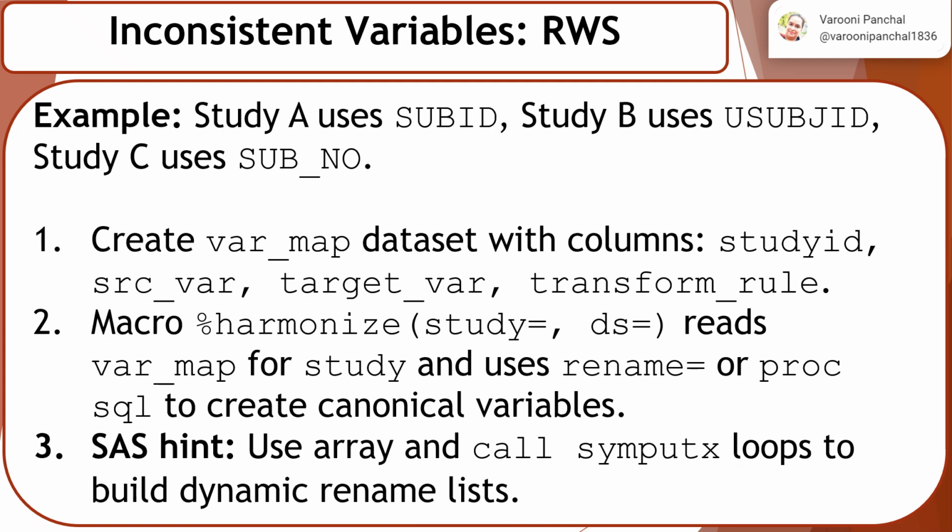Now remember one thing, it's a very daunting and tedious job to handle so many datasets when you have more than 12 studies. So here you have to ensure that the variable names, their labels, and their attributes, for example the length, format, and informat, everything needs to be in sync.